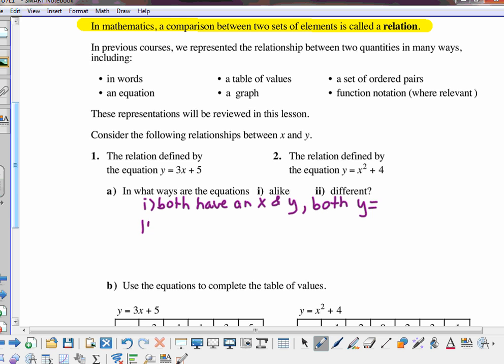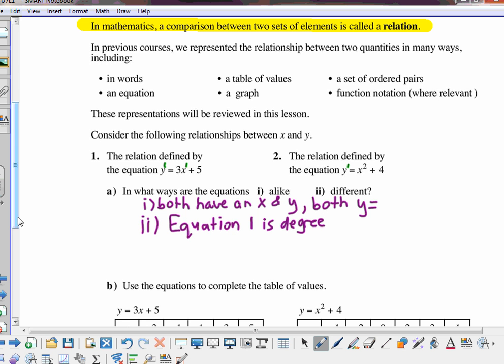Okay, so how are they different? What sets one apart from the other? The x squared versus 3x. So how do we define that? Do you remember the word that we used? It starts with a D. Degree. So equation 1 has degree 1. Why? Because if we look at the exponents on the variable, the highest power is 1. Equation 2, y is power of 1, but x is power of 2.